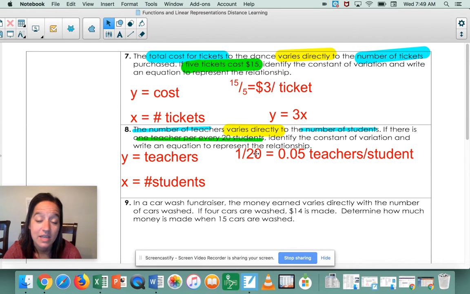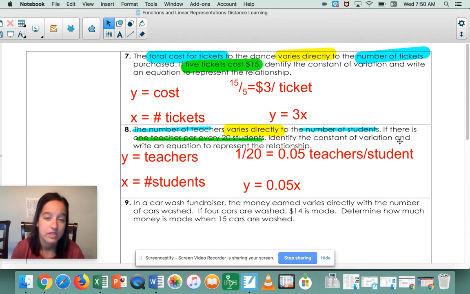Because we're talking about constant rate and these varying directly, we're going to go ahead and divide that, and we get 0.05 teachers per student. So then to write the equation to represent the relationship, I'm going to write y equals 0.05x. And you're going to ask me, Ms. Schultz, can I leave it as a fraction?